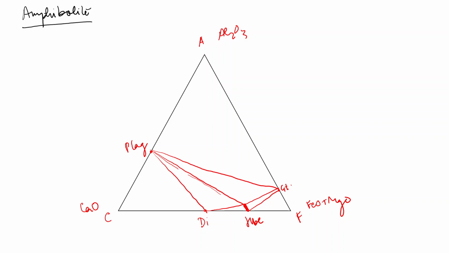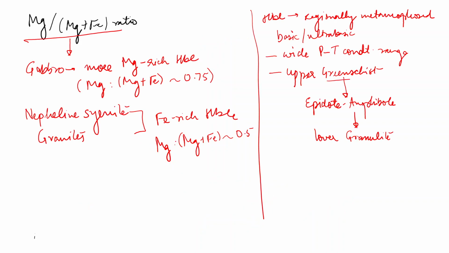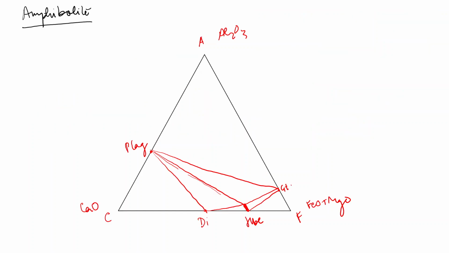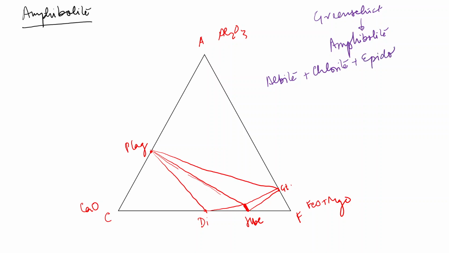The transition from greenschist to amphibolite facies, which we just saw previously, can be represented by the reaction: albite plus chlorite plus epidote plus actinolite gives hornblende plus plagioclase.